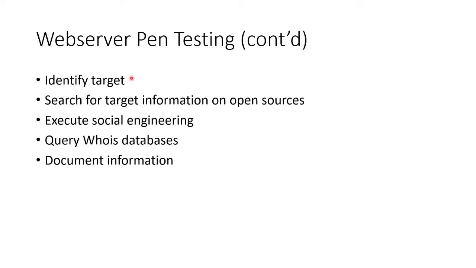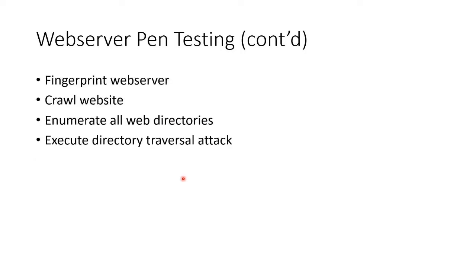So you identify the target. You search for target information on open sources. If necessary, do some social engineering and query whois. And after you've done all the testing, using all the methods we've talked about, of course, document your information.